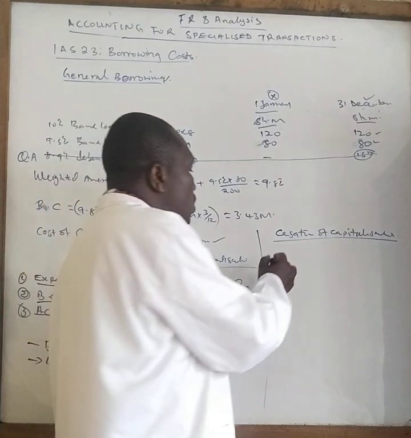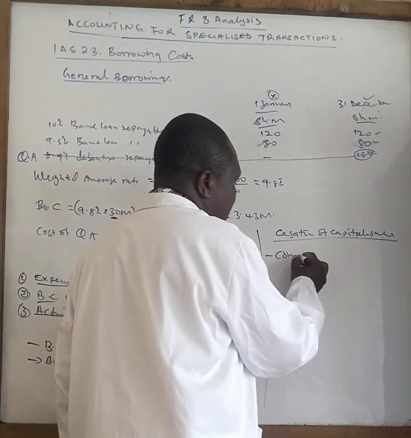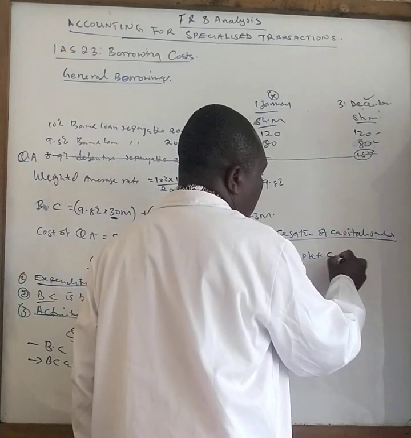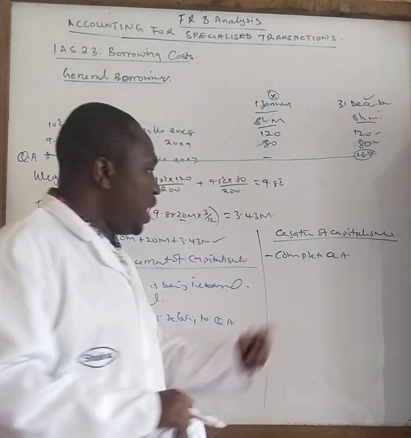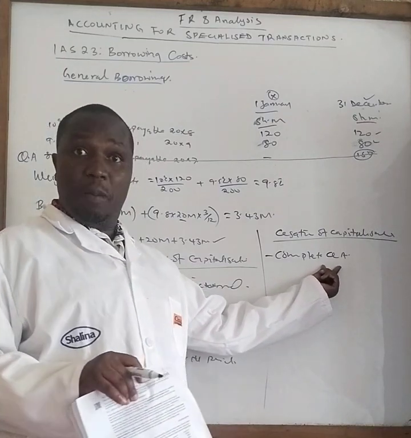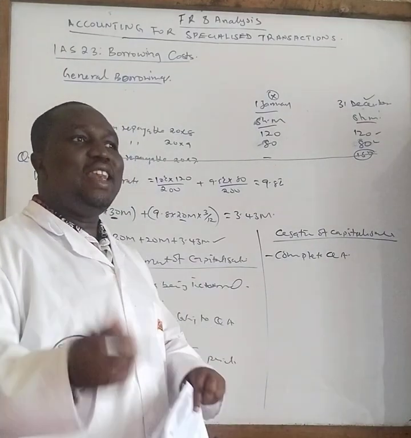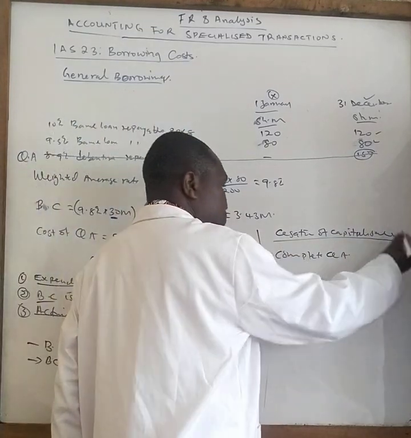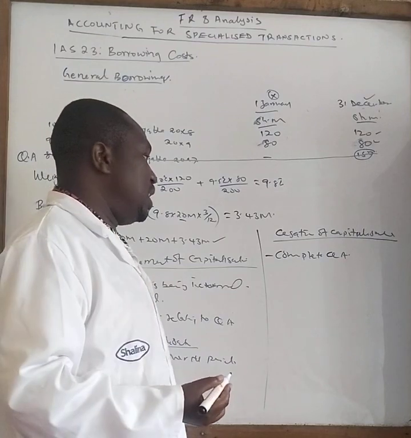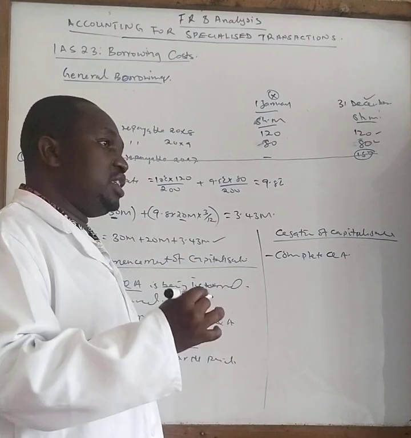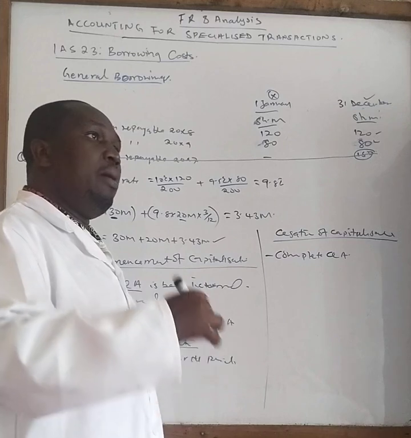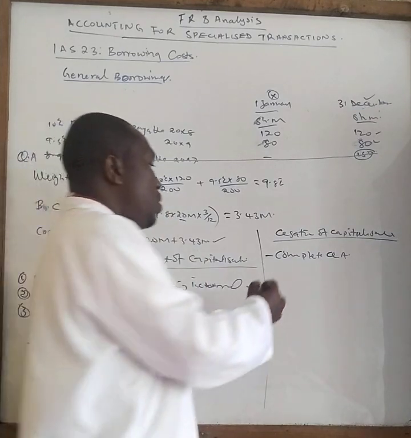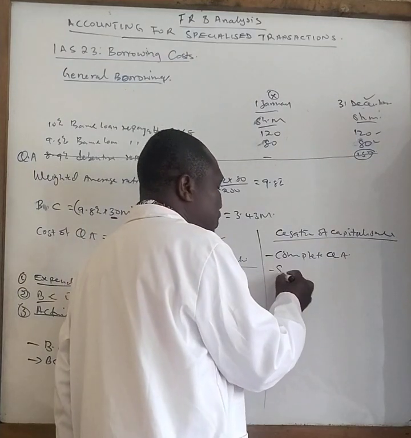So you can only do this if the qualifying asset is actually complete and only minor activities are remaining. So we can only do cessation of capitalization if the qualifying asset is complete and maybe minor modification is remaining.